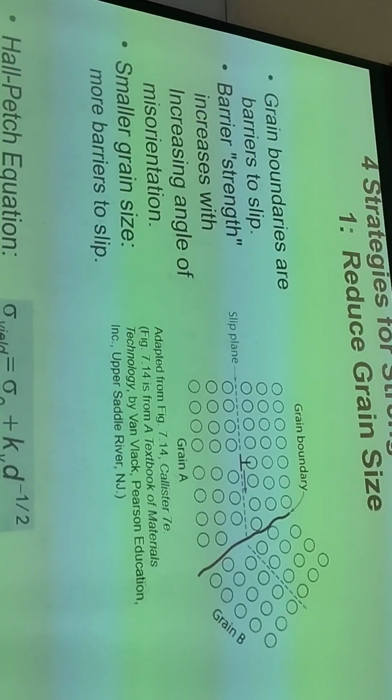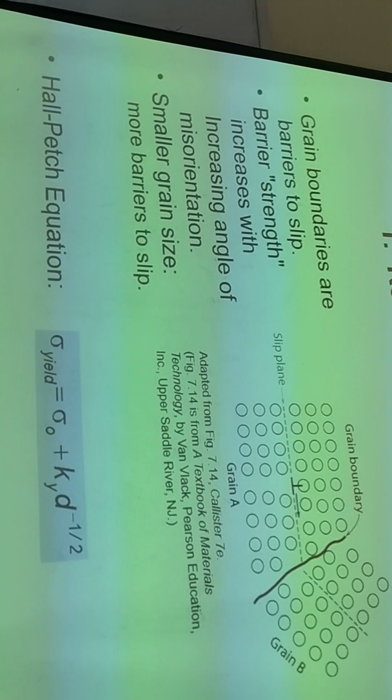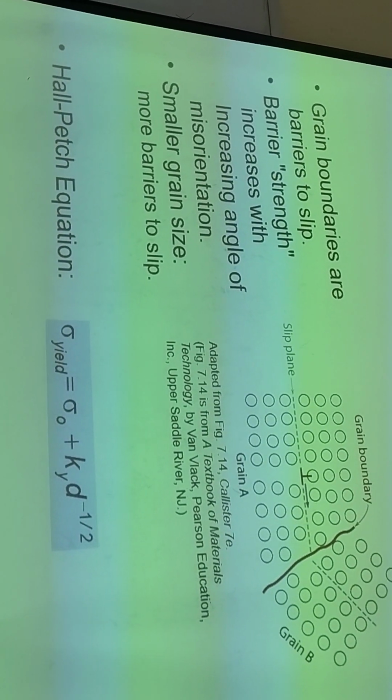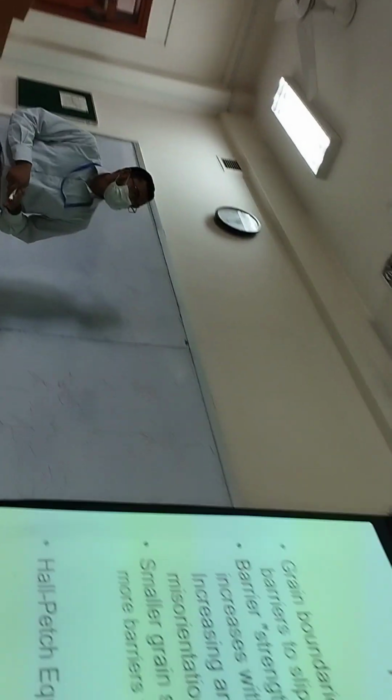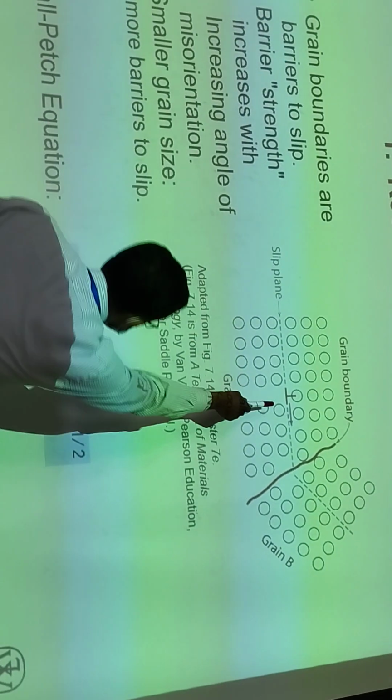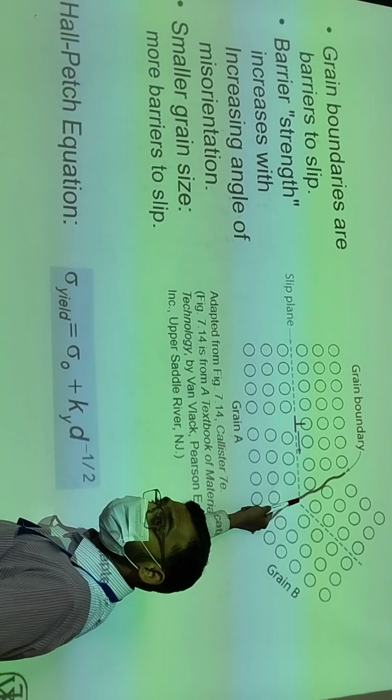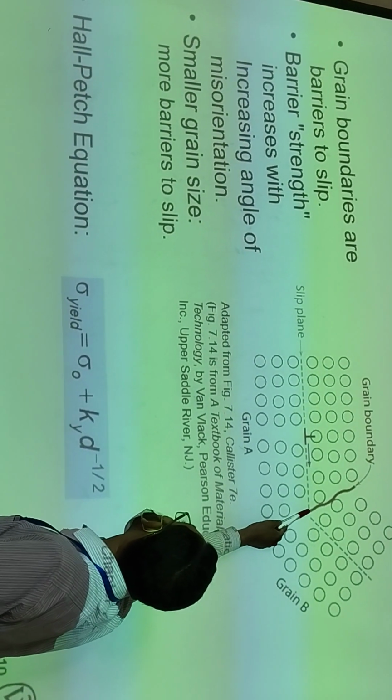Okay, now that we have the concept of deformation and how grain boundaries are going to result in strengthening of the mechanical properties, now let us see what happens at the grain boundary. At the grain boundary, what is going to happen is we have deformation moving in this direction. At the grain boundary, what is going to happen now?